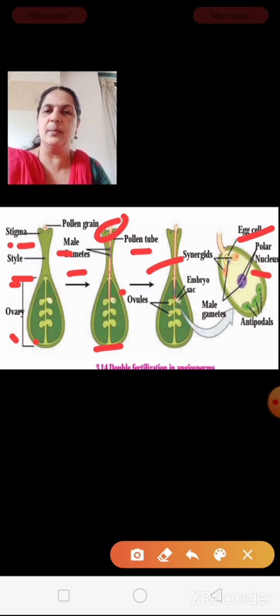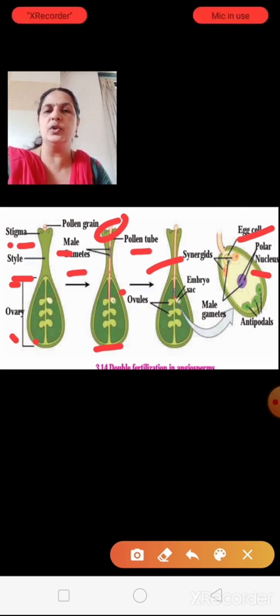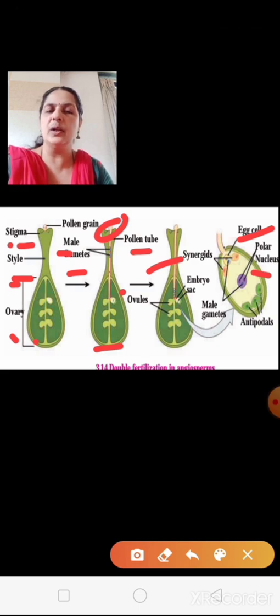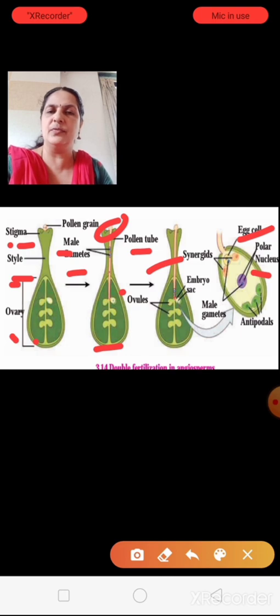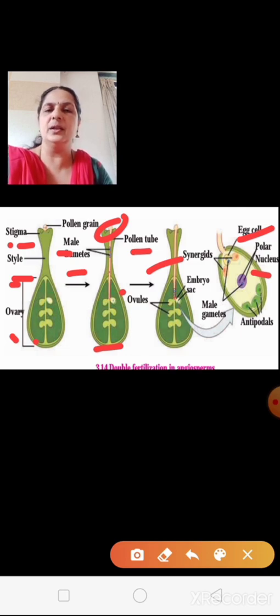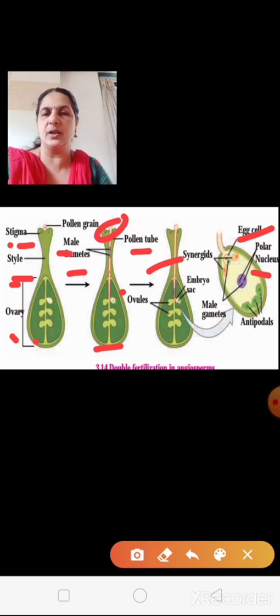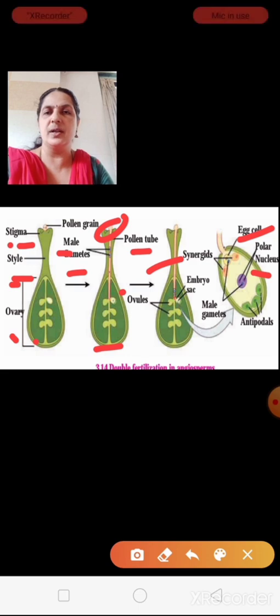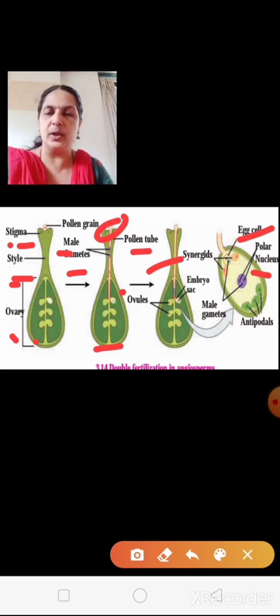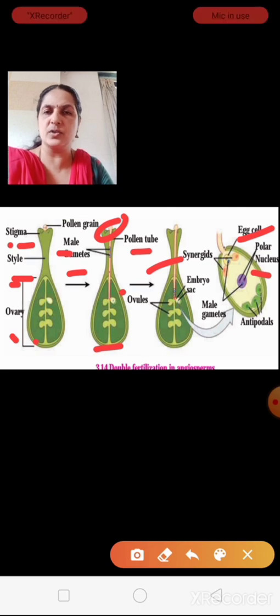When they come to the embryo sac, the pollen tube will burst open, and one male gamete fuses with the egg cell, another male gamete fuses with the two polar nuclei. This method of reproduction is sexual reproduction and is called double fertilization, because it involves two nuclei in this process. Understood, children?